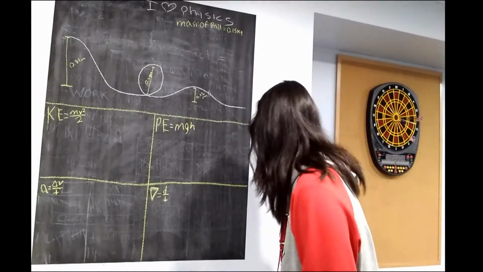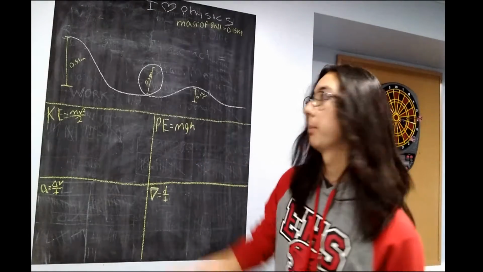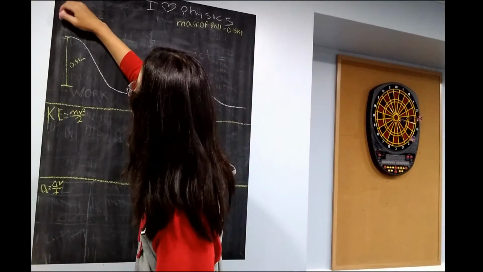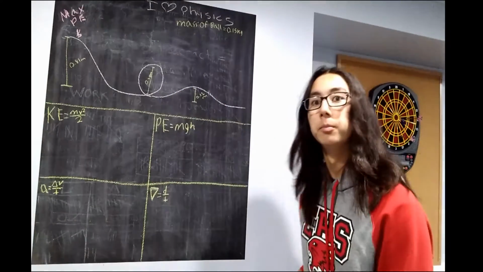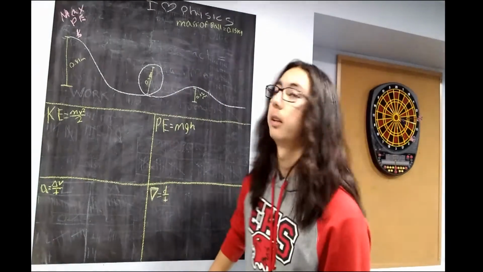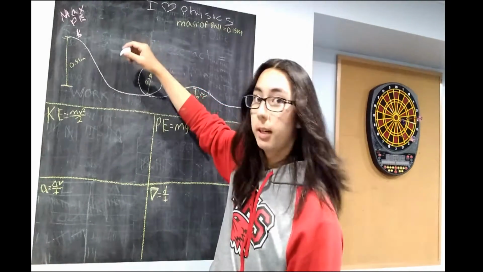Alright, so up here at the top of the hill is where there's going to be the most potential energy. And at the bottom of the hill, right here, there's going to be the most kinetic energy.